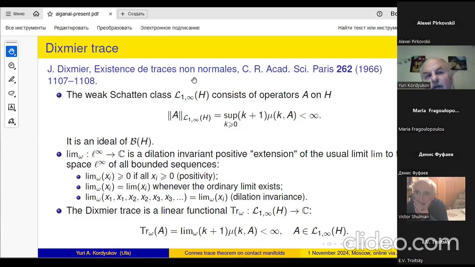They are non-normal and they are singular traces. So first of all, we should consider the so-called weak Schatten class, or sometimes it's called the Matsaev ideal, L1 infinity. So this class consists of compact operators in a Hilbert space for which this norm is finite.